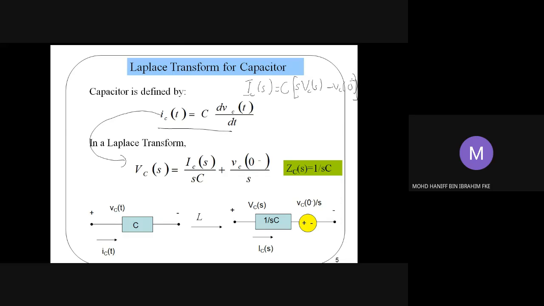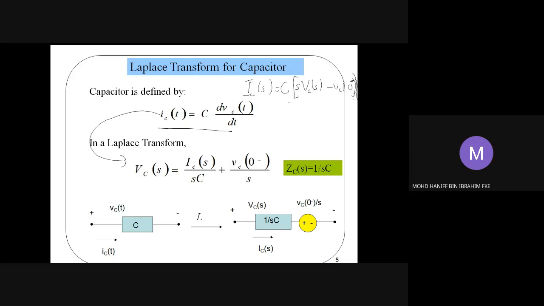Don't worry about the negative sign. This negative sign means we are dealing with the values of the initial voltage, in a stable condition for a long time, so don't worry about this zero negative. Because we want to write the capacitor's voltage in terms of the capacitor's current, we need to rearrange the equation.